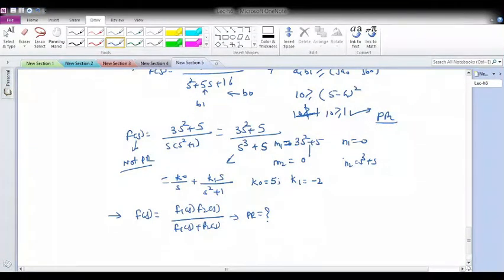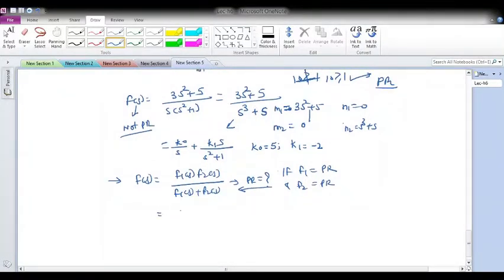So assume that F1 is PR and F2 is also PR. Then what about this, whether it is PR or not? This can be simply done by inverting, so it will be F1 into F2 divided by F1 plus F2, which will be 1 over F2 plus 1 over F1.